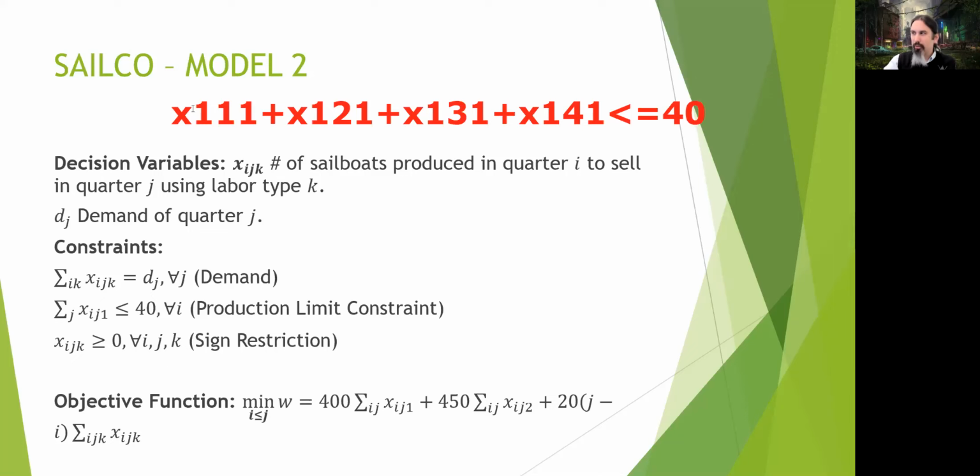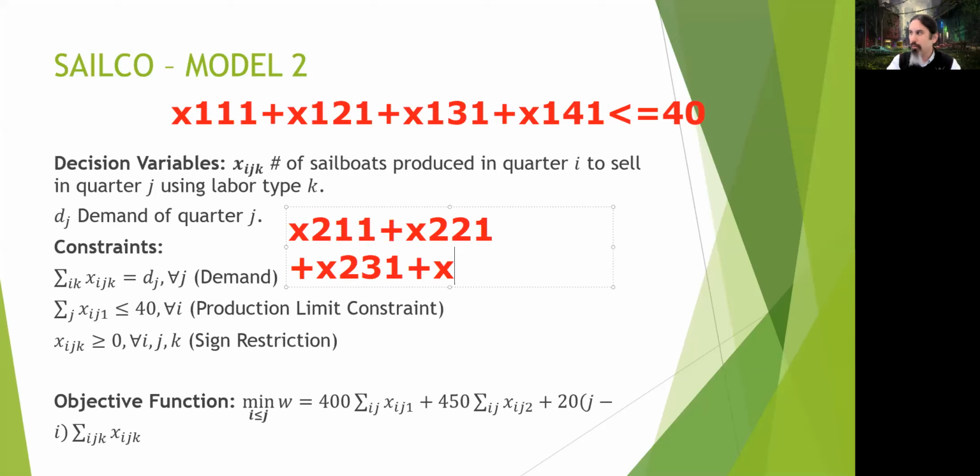Now, let's just try to make this one for the second period: x2,2,1 plus x2,3,1 plus x2,4,1 is less than or equal to 40.